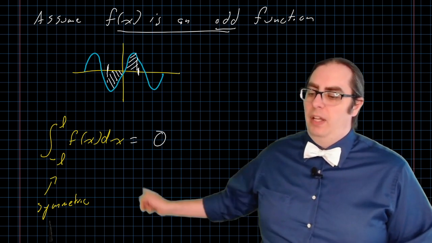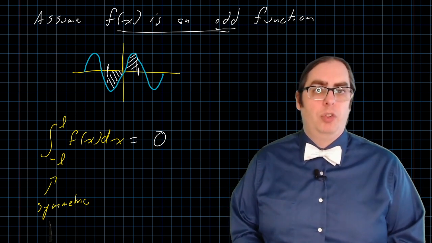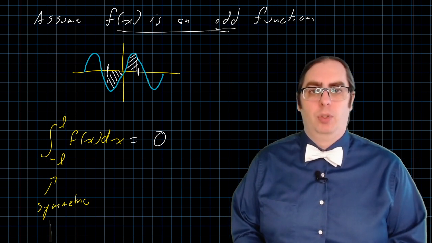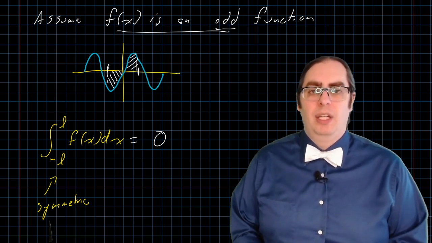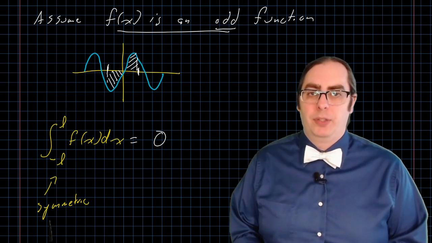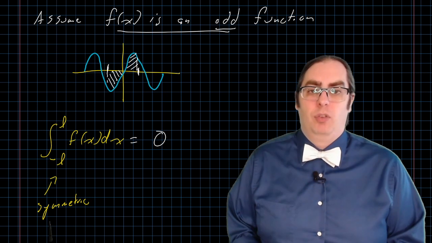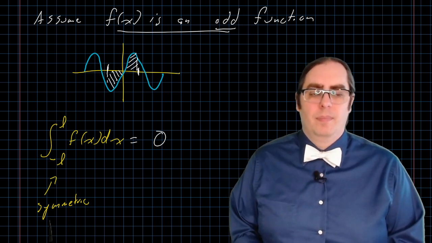Whenever you have symmetric limits of integration and you have one of those things showing up, the result is 0. Period. End of story. You don't have to think about it. You don't have to do any work. Just say that you are taking an odd integrand and you are evaluating over symmetric limits of integration. The result is going to be 0 every time. All right.